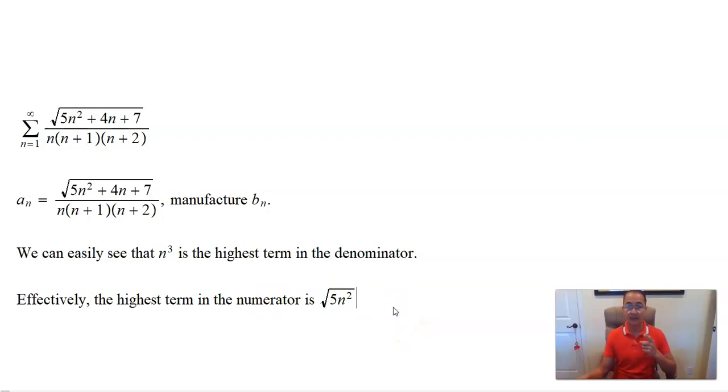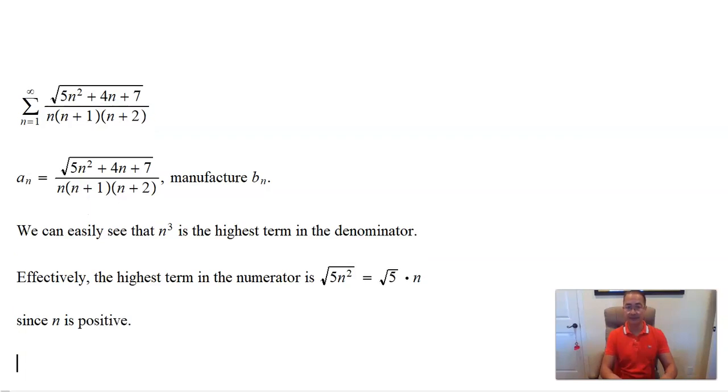Now n is a positive number, so this simplifies. We can take it out of the square root. Square root of 5 remains inside, but square root of n squared simply becomes n, since n is positive. It's going to infinity, in fact.